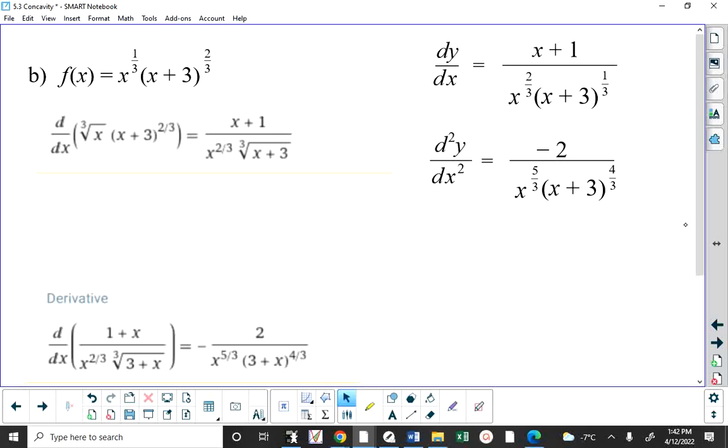And the derivative of that, (1 plus x) over x to the 2/3 times (x plus 3) to the 1/3, is -2 over x to the 5/3 times 3 over x to the 5/3 and also over (3 plus x) to the 4/3. So that's your assignment. This isn't, quote, practice, try it if you want. I want you to work through and see if you can complete this for tomorrow. And that's it.